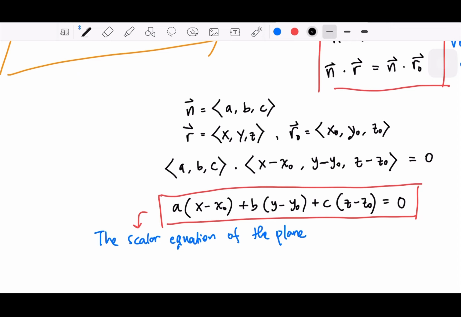So as long as you get the directions for the normal, and you know the initial point for the vectors, then you can set up these equations.